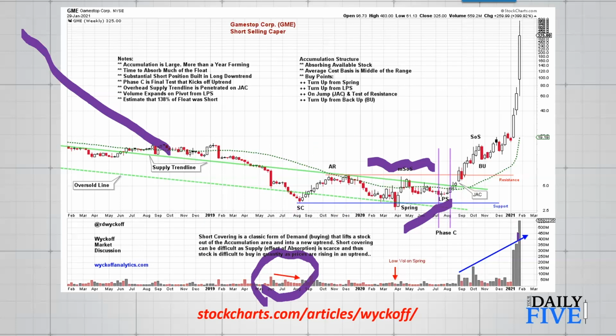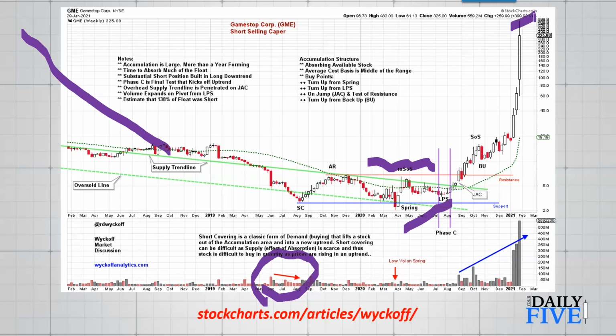Some short sellers want to hold the stock all the way to zero because they think the company is going out of business. But as we know from the GameStop example, we can see here that the stock was being accumulated, maybe by the CO knowing that there was such a large short interest in this stock that there was going to have to be significant short covering, which is a form of buying, to drive the stock up to higher prices.